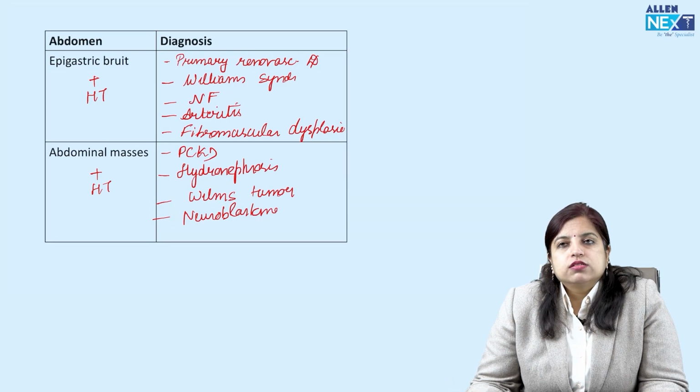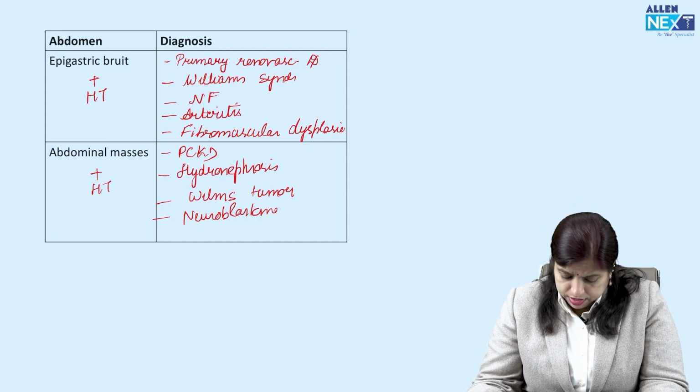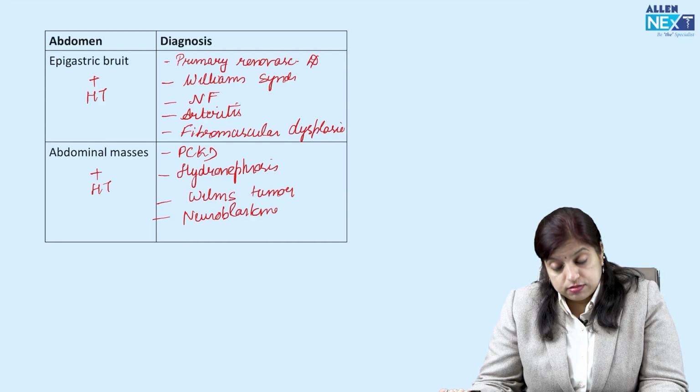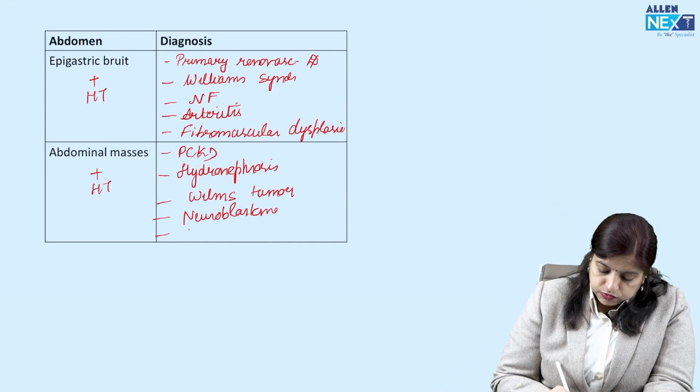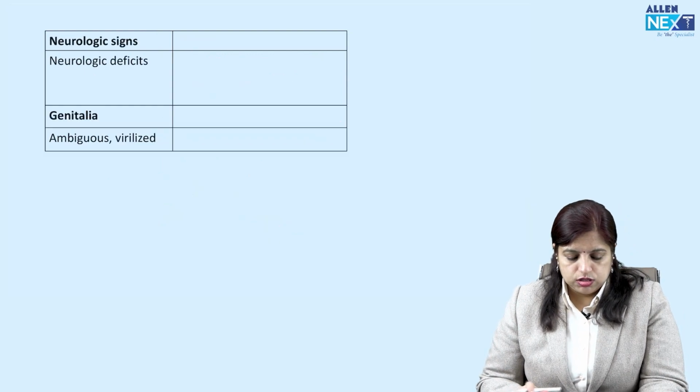And then what else? I have written hydronephrosis, Wilms tumor, neuroblastoma. Of course, one more I have written, and this is pheochromocytoma. Even this will present with an abdominal mass.